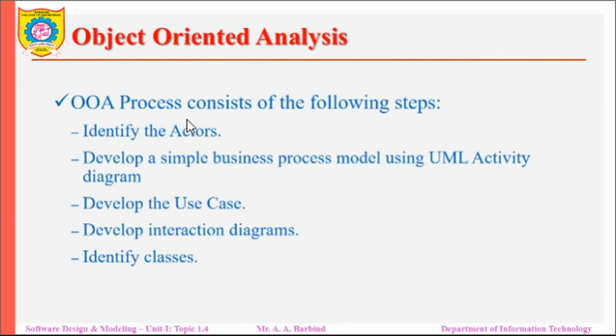Stated in text form, the object oriented analysis, the OOA process, consists of the following steps: identify the actors, develop a simple business model using UML activity diagram, develop the use case, develop interaction diagrams, identify the classes.